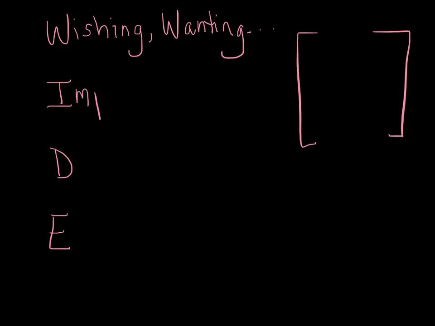If the main part of your sentence contains an impersonal expression, and I'll show you some examples of those, then you are going to be required to use the subjunctive in that secondary clause.